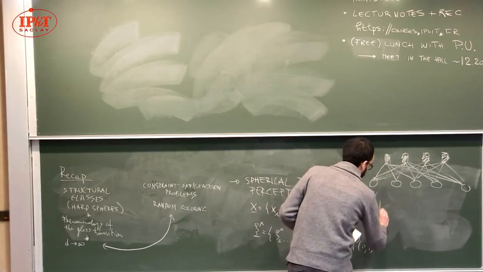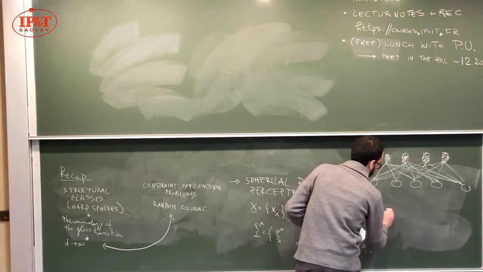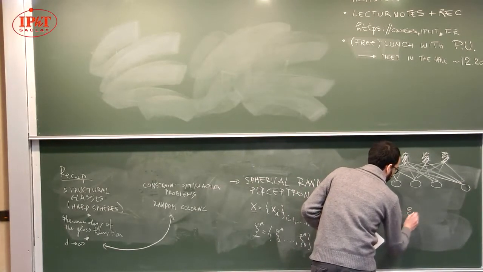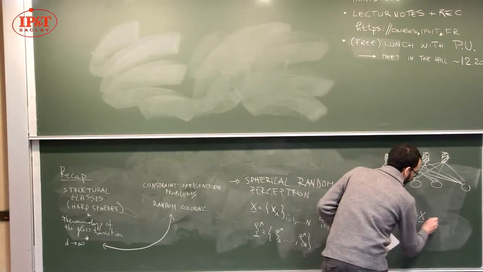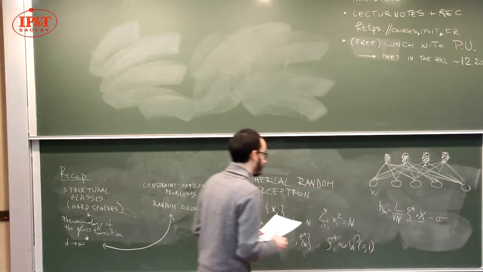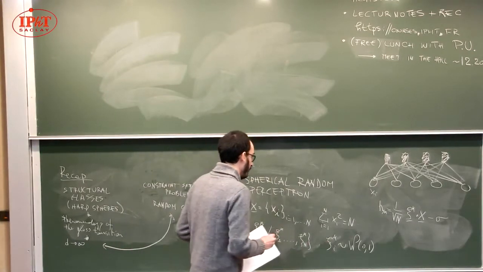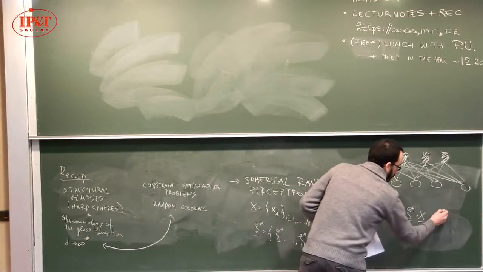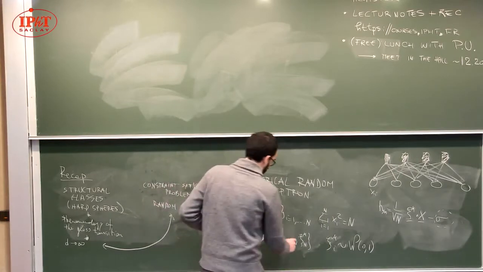Each constraint can be written in this way. I define a gap variable, h_mu, that is just 1 over square root of n, xi^mu dot x, minus sigma. The control parameters of the model are sigma and the number of random vectors.